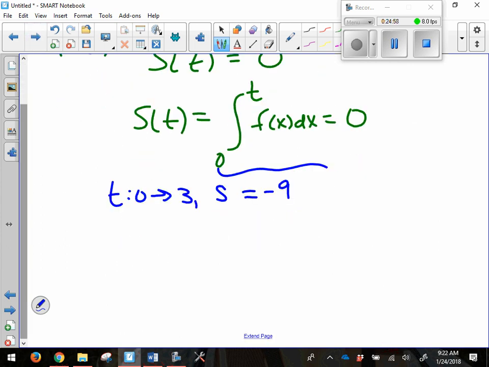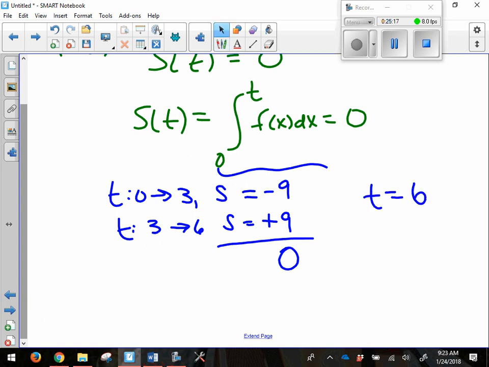Okay, so as Sari said, from 3 to 6, we go a +9. And we add those together, and now the area under our curve is 0. So that means that the t value that we're looking for is 6. Okay, you with me?